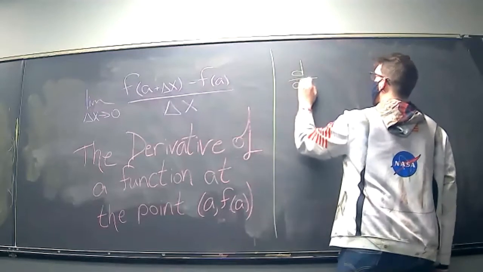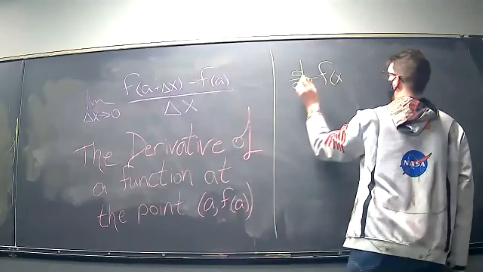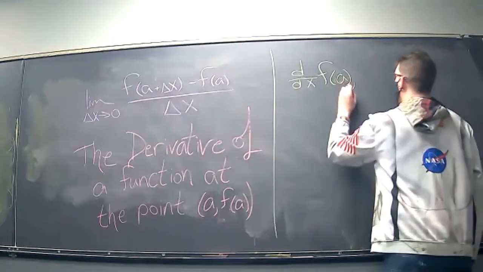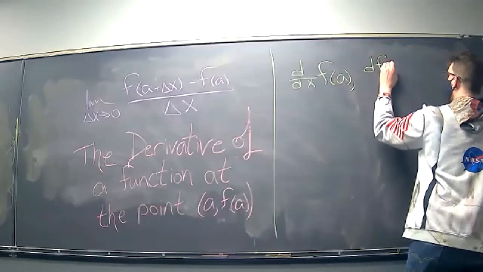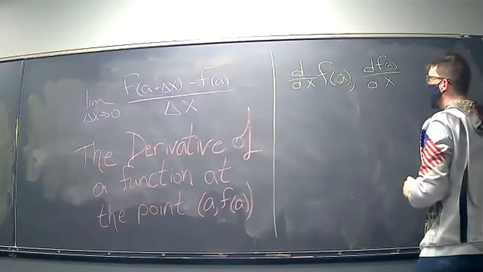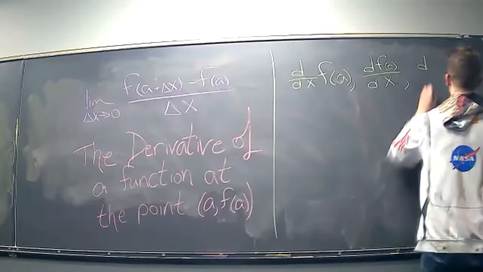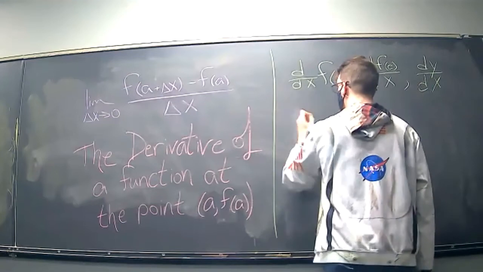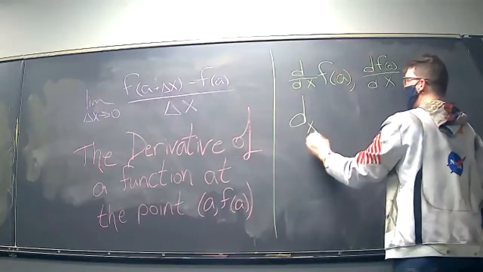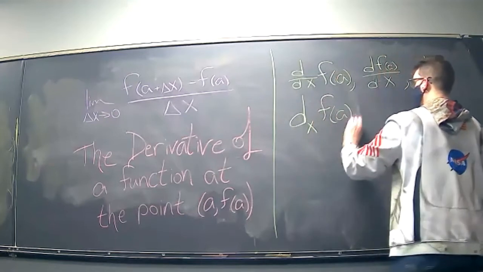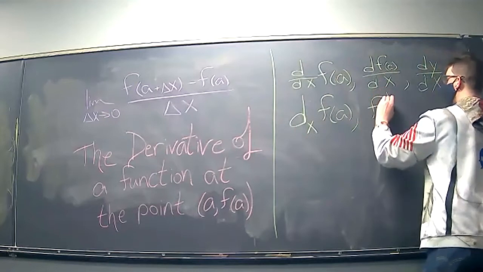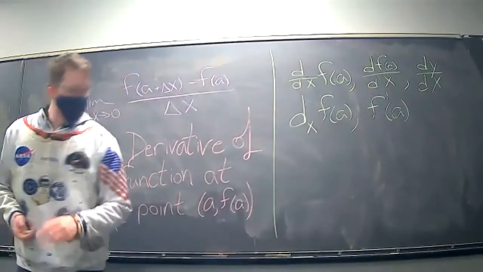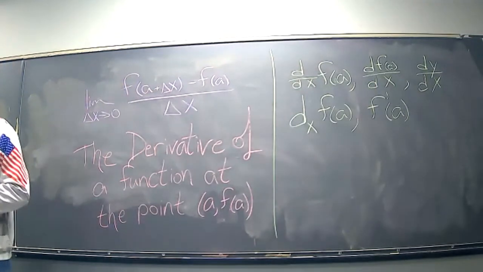is d/dx of f at a. We might also represent it as df(a)/dx, or dy/dx, or the subscript x f at a, or f prime at a, and a few other different ways we might write it.